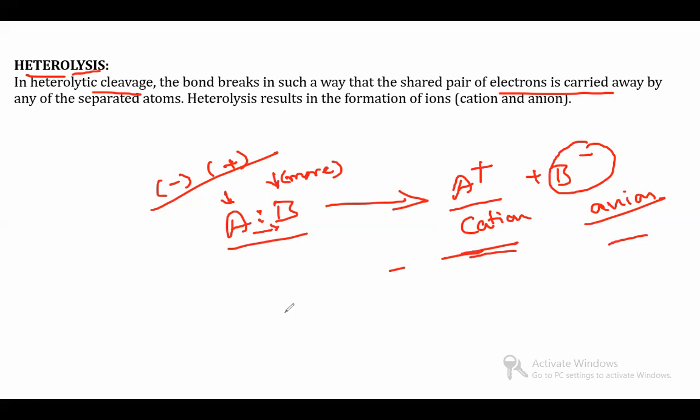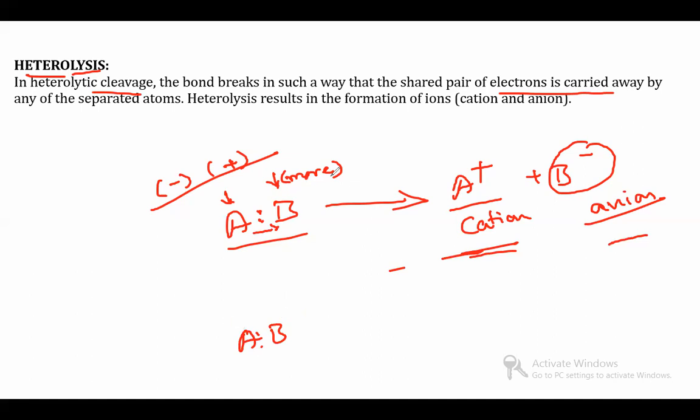Not only this, if it is reversed, and out of AB, A is more electronegative, then it is A minus and B plus, right? When B is more electronegative, the electrons shift towards B, so the electron density on B increases, so B is negative, an anion, and A is a cation.